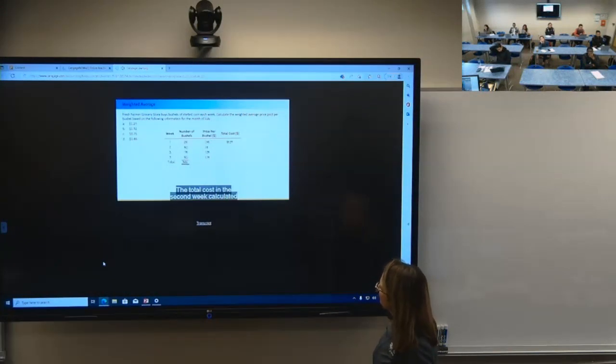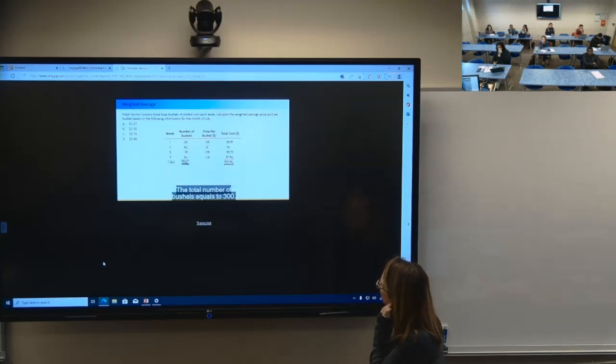Total cost in the second week, calculated the same way. Calculate the total cost in the third week and the fourth week. Add the total of all the weeks to get the total cost. So $437.50 for the month of July.